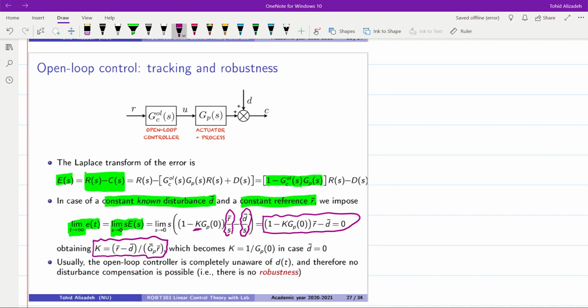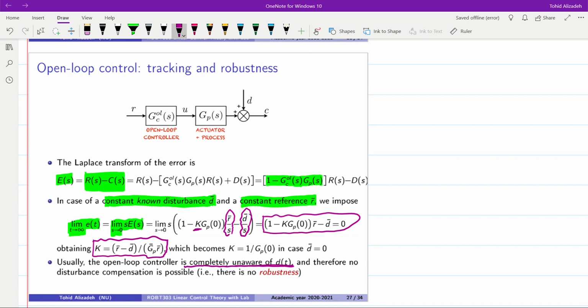However, you should keep in mind that in real situations, we are completely unaware of the disturbance. So we don't know even when the disturbance is going to happen, and we don't know the value that we have for the disturbance. Even if it happens in the form of a step, we don't know the amplitude for that step.